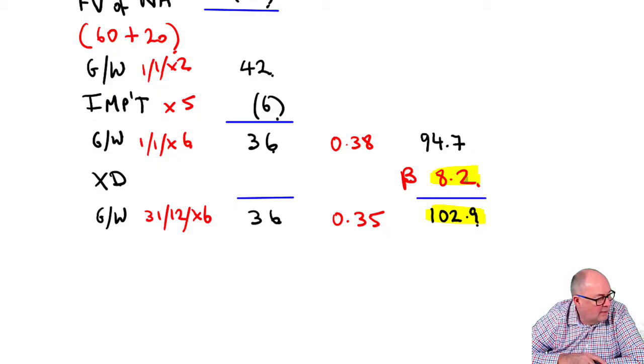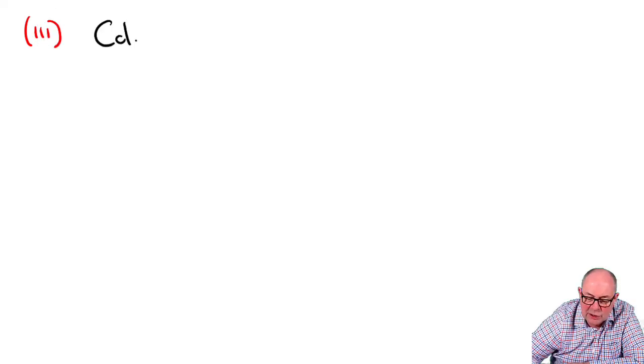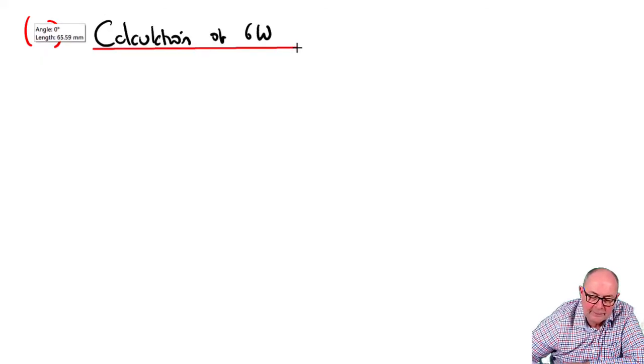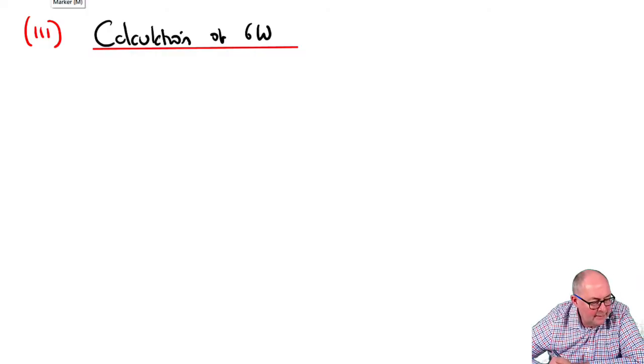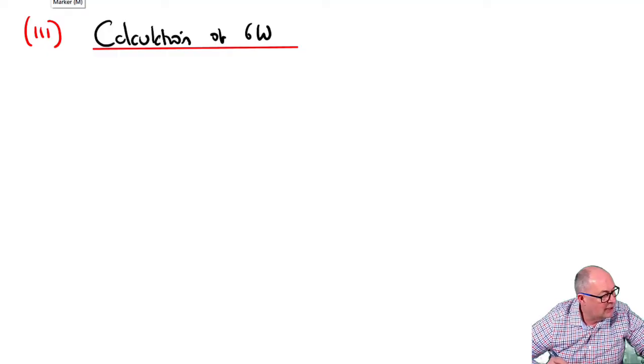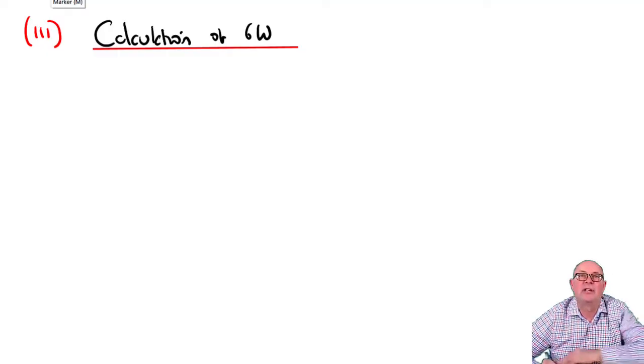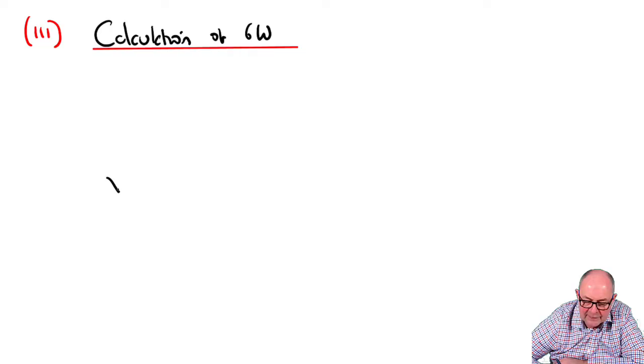The third requirement is explanation, and they ask us to explain 2 things. First of all, we're asked to explain the calculation of goodwill. And secondly, we're asked to explain, again, the treatment of the exchange difference on the goodwill.